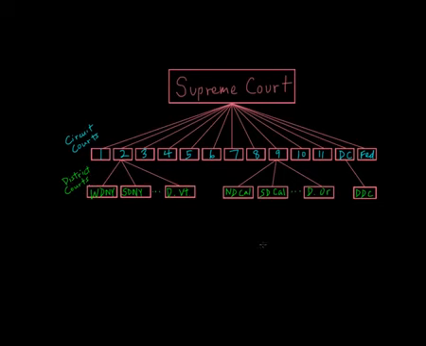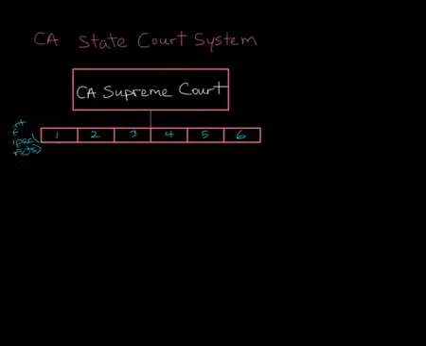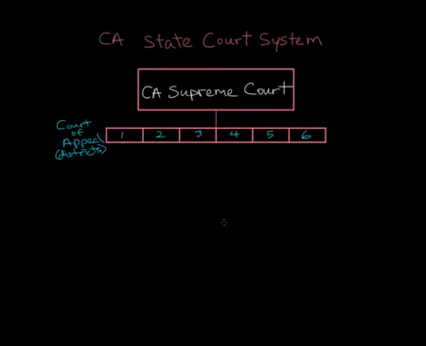But in the California state court system, the appellate court is divided into districts. There are no circuits. They're divided into districts. And each district of the California Court of Appeal hears appeals from the trial courts of that district. So the term district is used differently by the federal court system and the California state court system. So be sure that you use the term correctly.